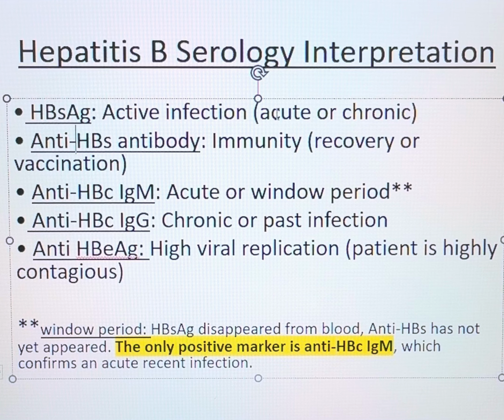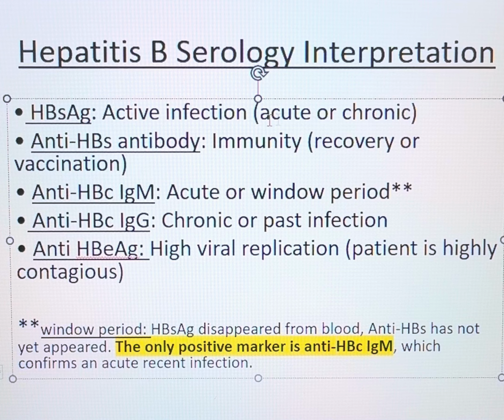The infection can be acute or chronic, and I'm going to tell you how we could differentiate between acute or chronic. If there is anti-hepatitis B surface antibody, this means that there is immunity, which means that we have recovered from the infection, or we are immunized because we took the vaccination.